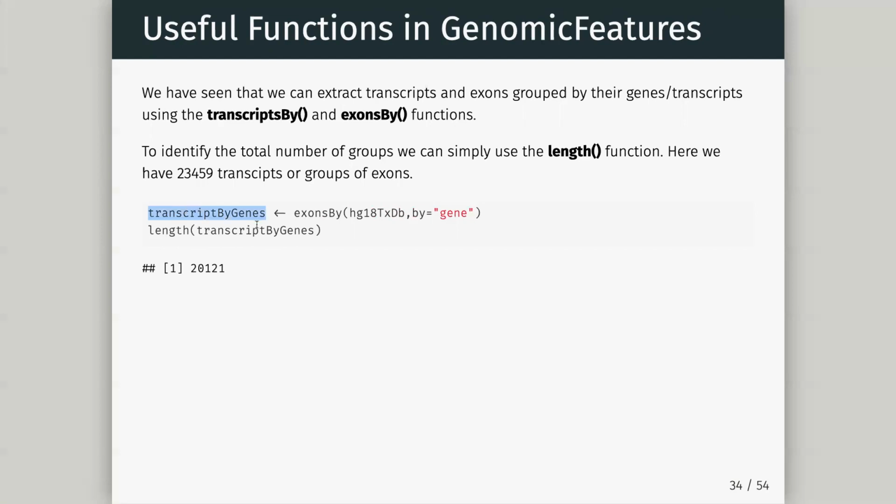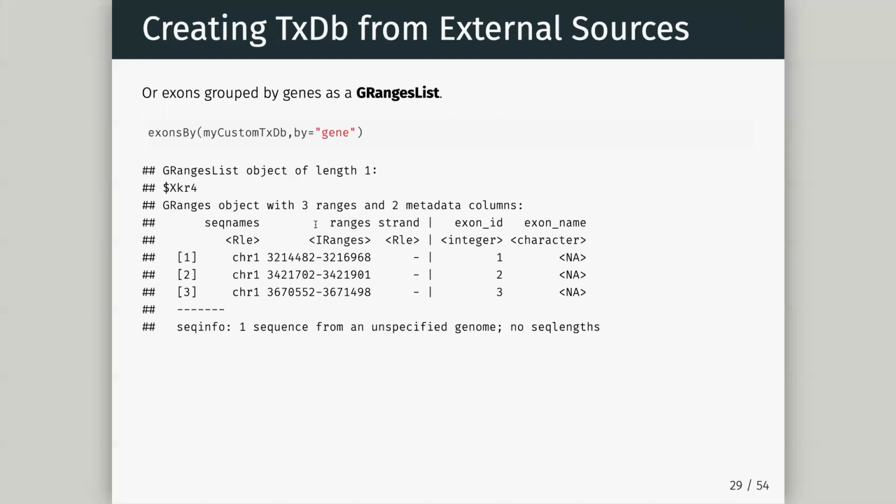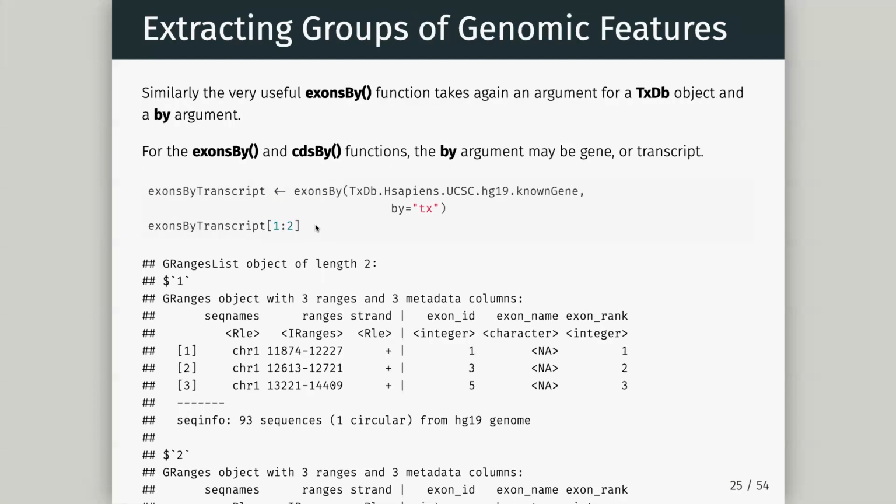So here we have transcripts by genes, and then we can do the length, and it tells us we have 20,000 genes within this database. But it tells me nothing about how long each of the elements is. Right? At this point, I've created an object like this, and I'm just seeing how many separate elements we have. This would be one element, this would be another.